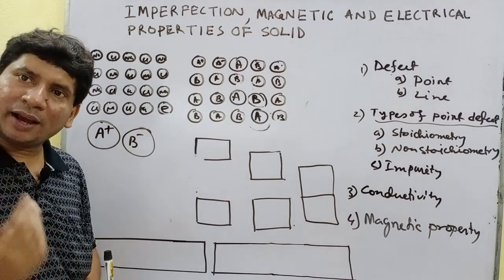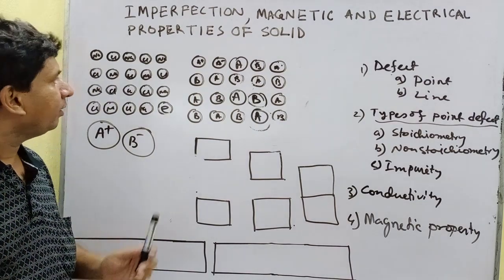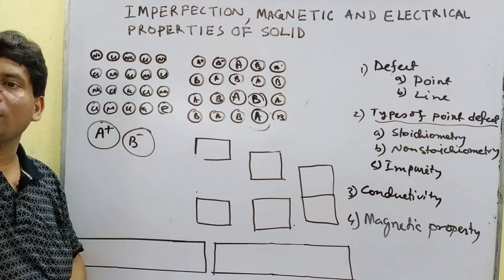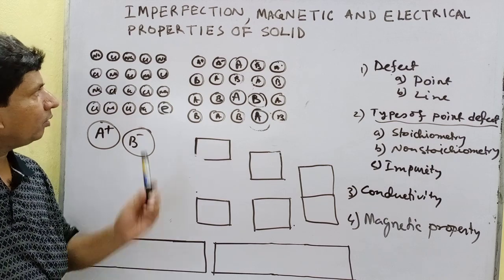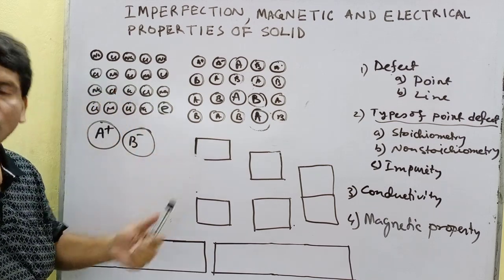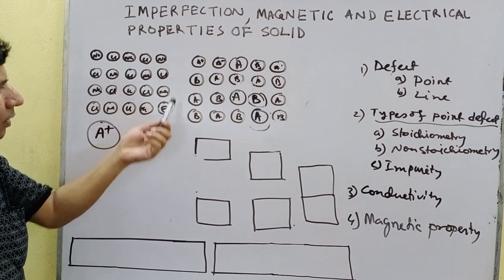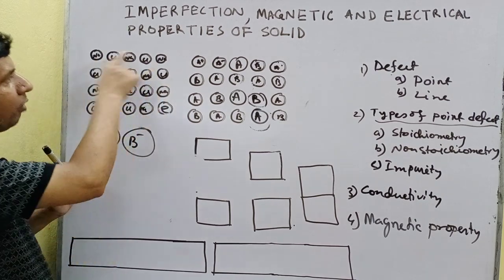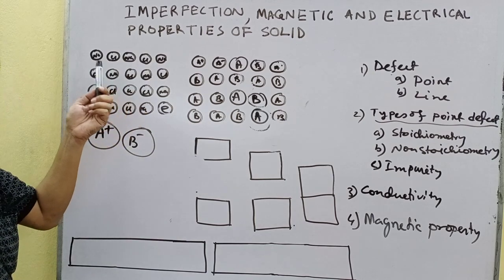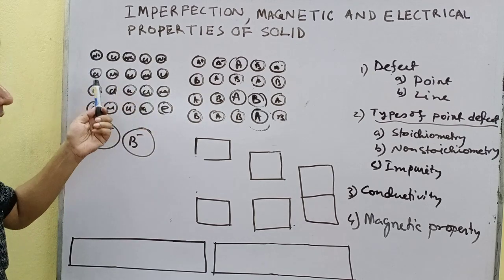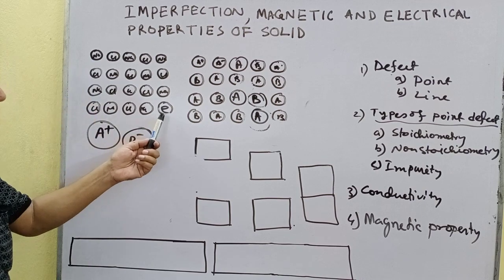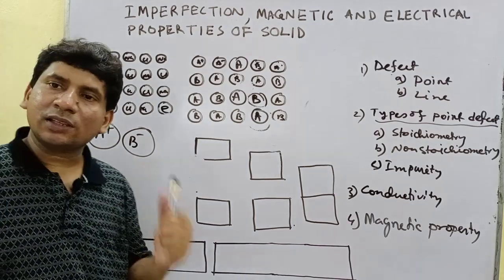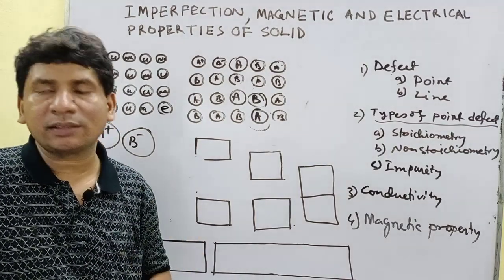So it is a non-stoichiometric defect, and since the number of cations is more than the number of anions, this defect is known as metal excess defect. If there are 10 sodium, then there are 9 chlorine and 1 electron. So cation is in excess here.